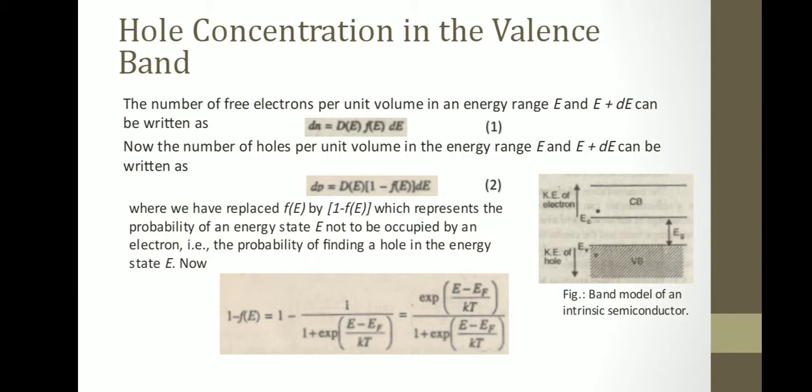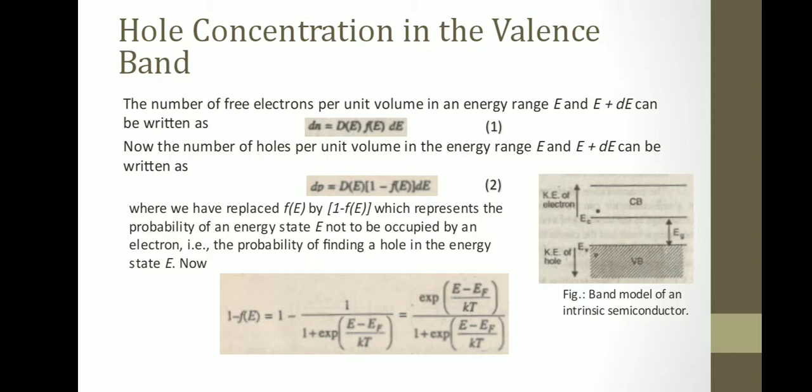While if we consider F of E for the electrons, then the number of holes per unit volume in the energy range E and E plus dE can be written as dP. P is the number of holes per unit volume, equal to D of E into 1 minus F of E dE.